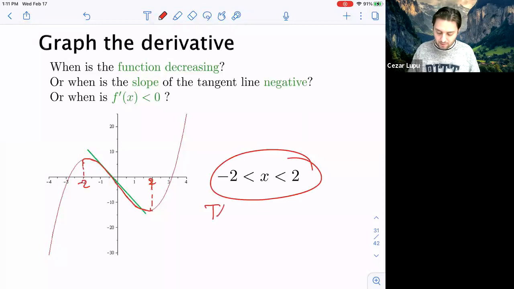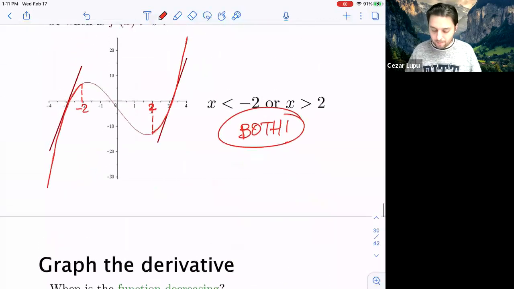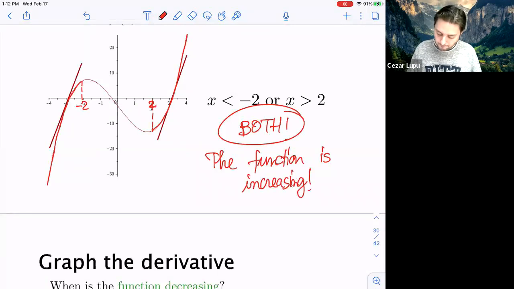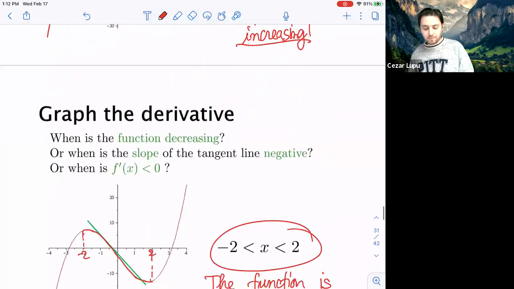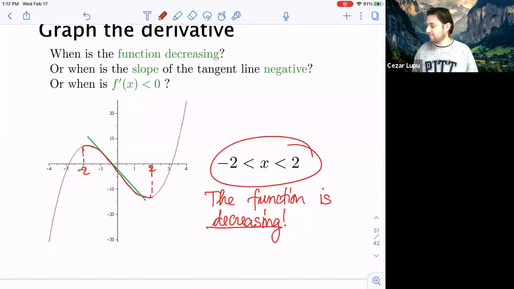So the function is decreasing. And here the function is increasing. So that's what you need to know about these two.